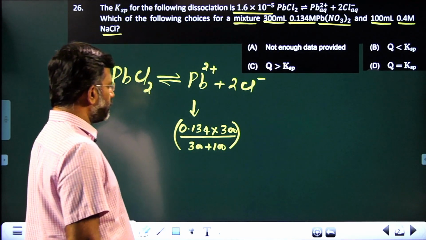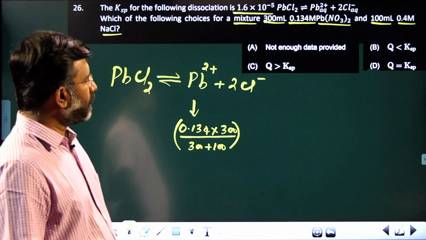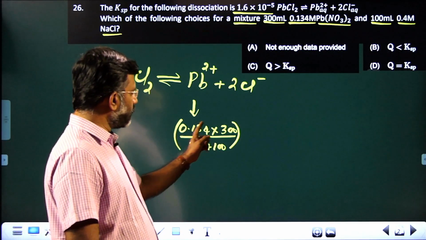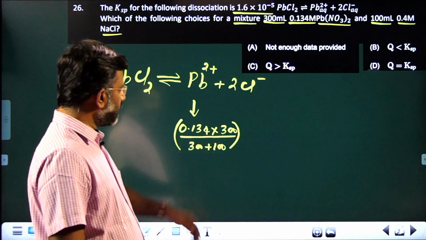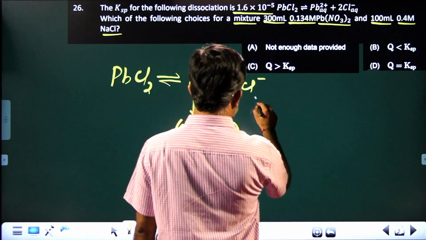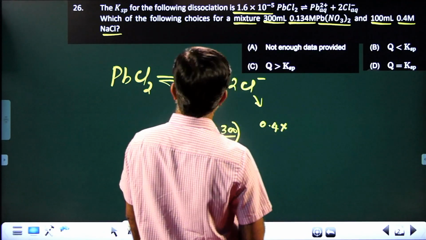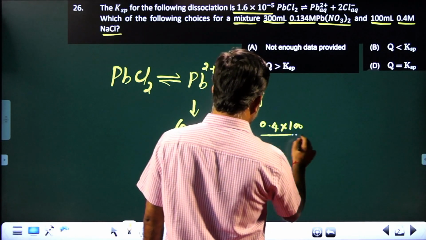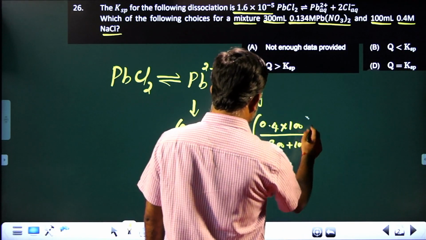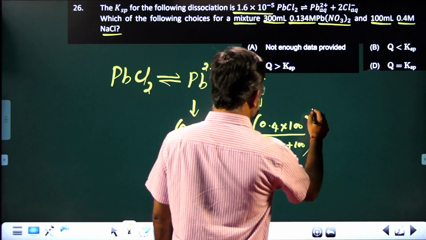This is the final concentration after mixing: molarity into volume divided by the final volume. Similarly, the concentration of Cl minus is 0.4 into 100 ml divided by again 300 plus 100, the total volume, and that you need to take square.